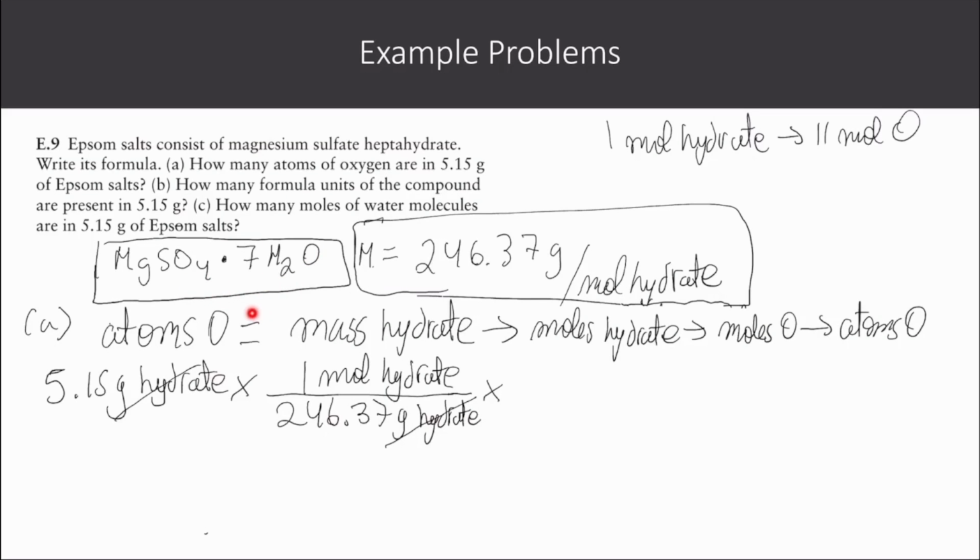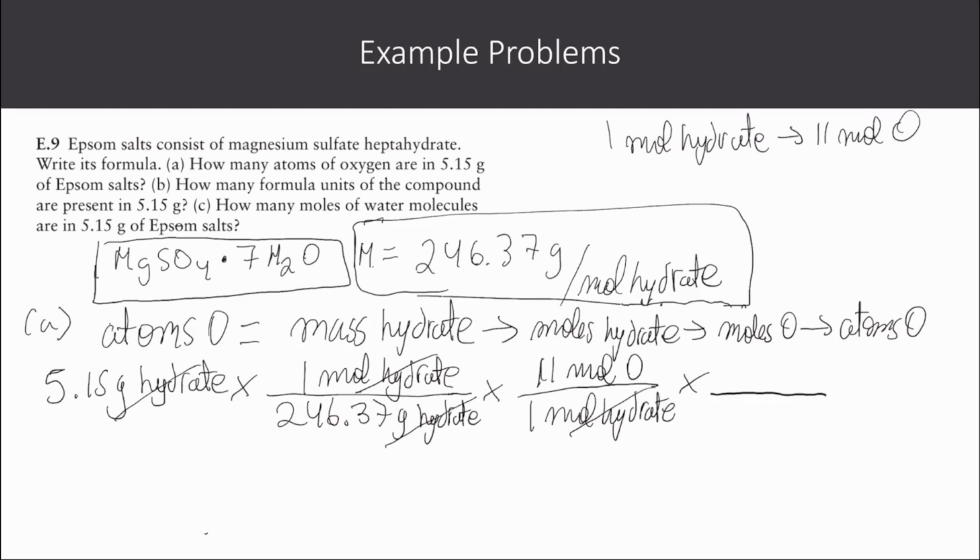That makes a total of 11 moles of oxygen. Okay, so for every 1 mole of hydrate, we have 11 moles of oxygen. And the units of moles of hydrate cancel, and we're left with moles of oxygen on the top.